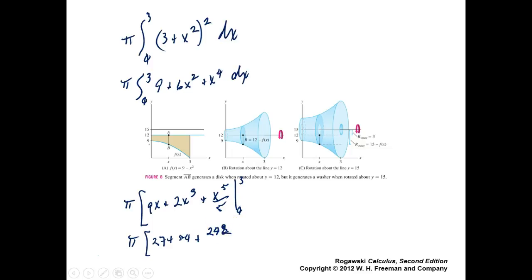Okay, that sounds reasonable, over 5. Now, when you do the lower limit, all the zeros contribute nothing.